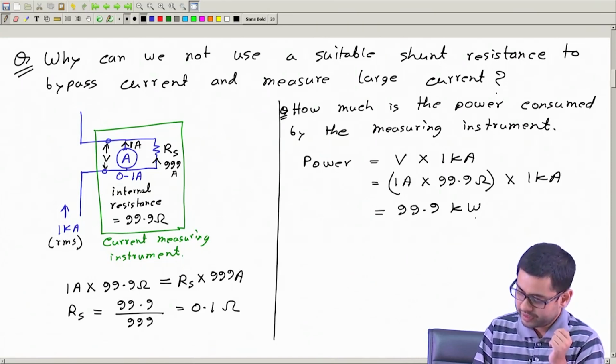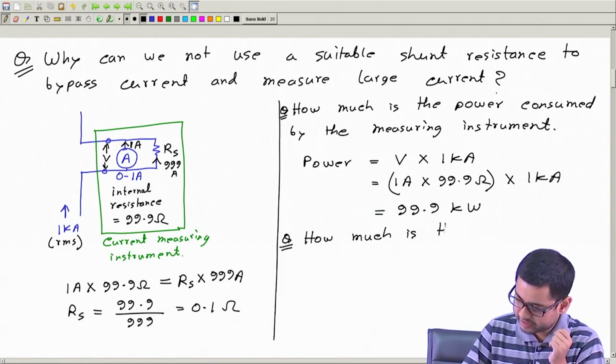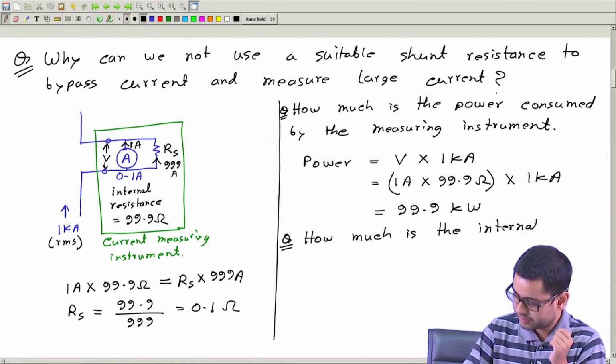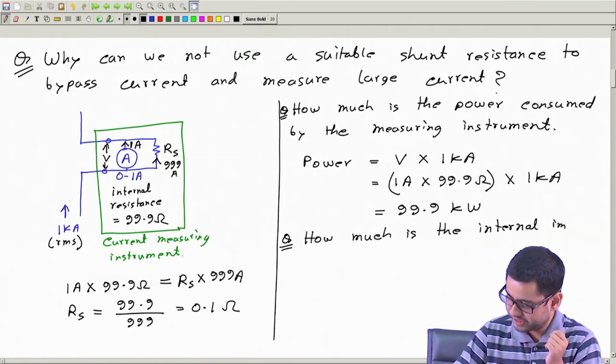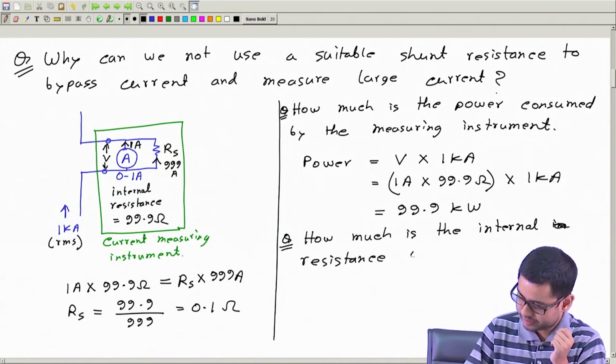Okay, then also let us ask another question: how much is the internal impedance or resistance of the measuring instrument?